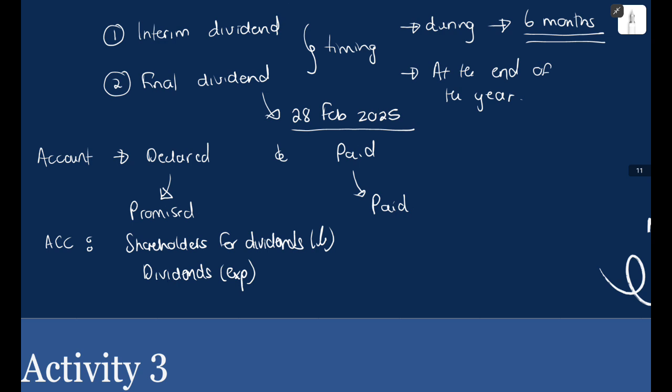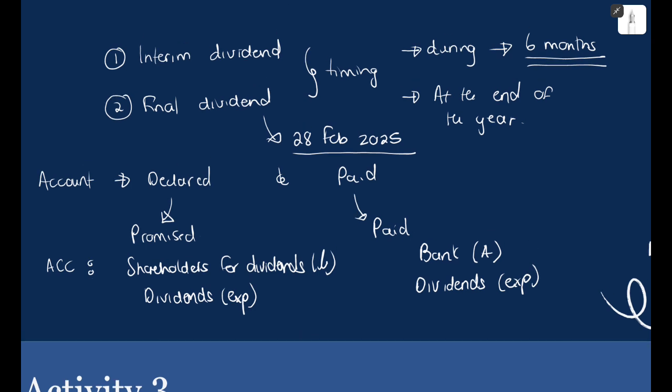Then when your dividends are paid, the accounts that would be affected would be obviously your bank account, because we pay, right? And bank is an asset. And then the other account would be your dividends. You're paying for dividends, and dividends is an expense. So that would be the difference between accounting for something that was declared and something that was paid.